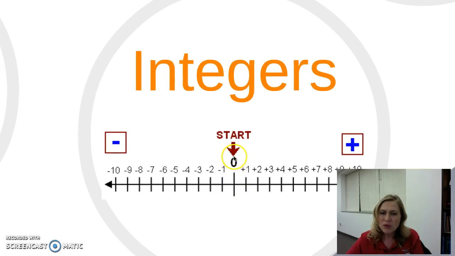So what we could do is we could say sea level starts right here at 0, and our little fishy is swimming way down deep in the water below sea level, and our airplane's flying way up high in the sky above sea level. So then we can start to identify this distance.